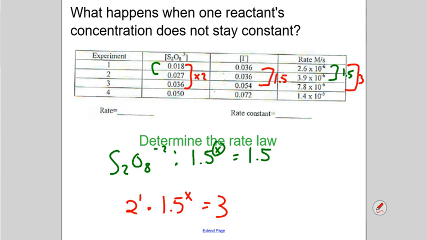So I can use that to figure out what x is. Well, 2 times 1.5 does equal 3. So that means that x in this case is 1 as well, so both of them are first order. That looks a little more complicated. I'm sure we'll do some practice with something like that in class at some point, so just keep that in mind.